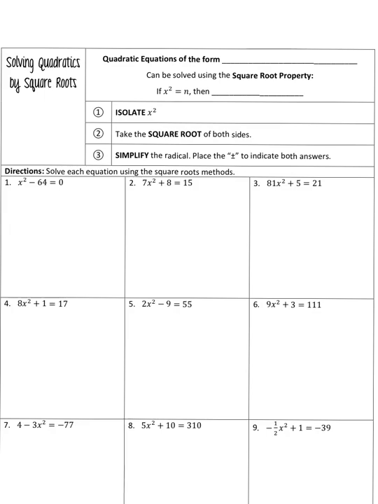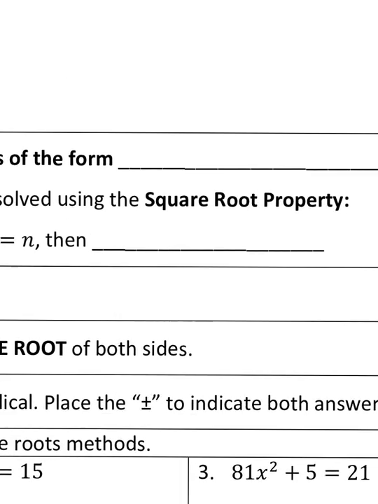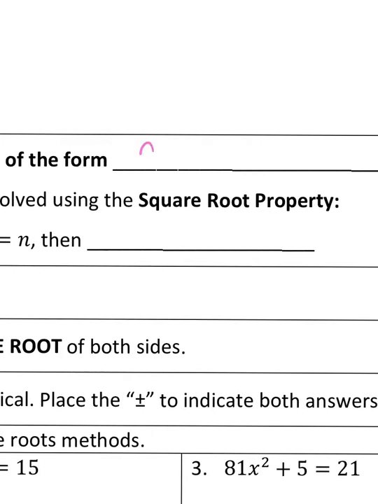Okay, so now that we are familiar with simplifying radicals and we know how to find the square root, we're going to start with the quadratic equation of the form ax squared plus c equals 0.